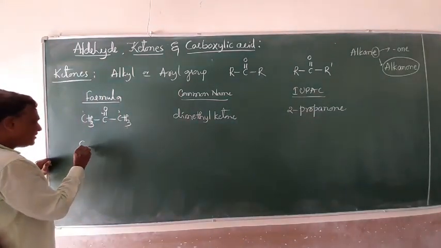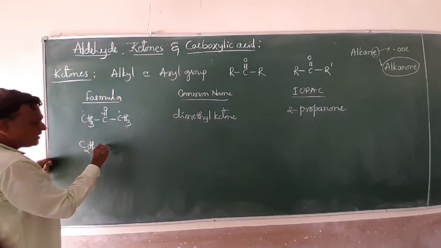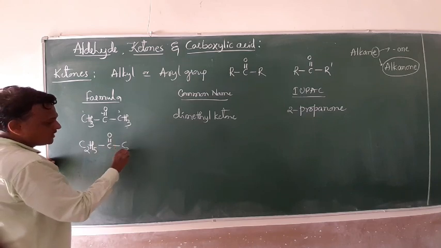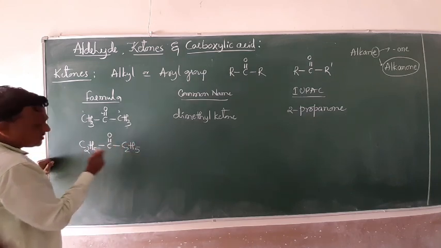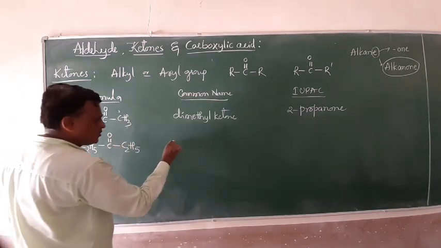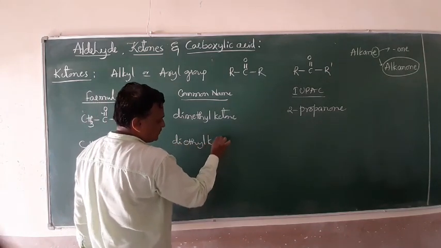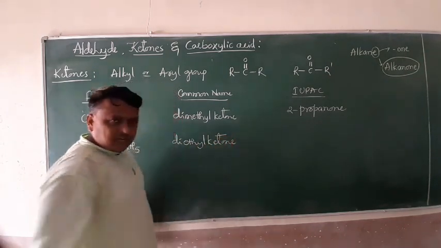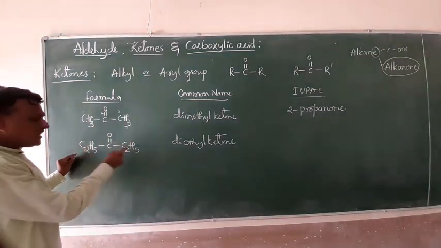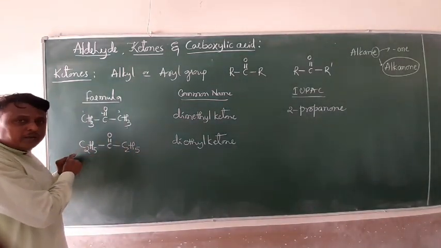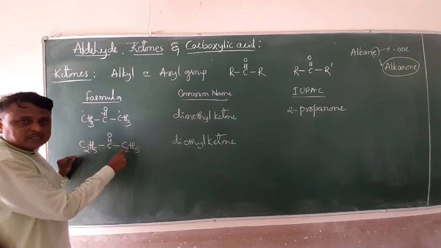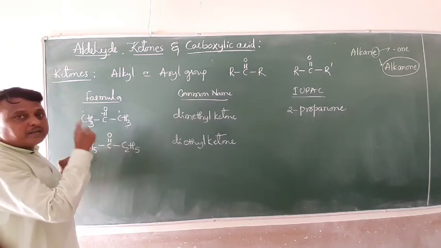Now take C2H5, C=O, C2H5. These are symmetric, two ethyl groups, so the name is diethyl ketone. This diethyl ketone consists of how many carbons? 2, 3, 5. So 5 means pentanone.